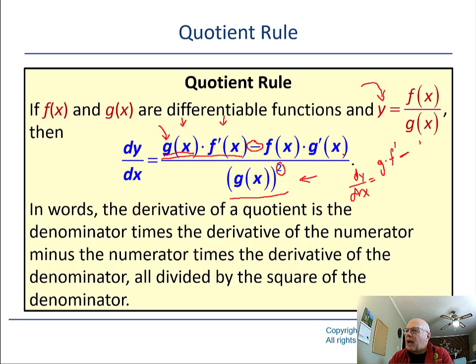So we'll have f for the second part, and g' for the second part. And last of all, the third thing you need to remember is that the denominator gets squared. So again, start with g, make sure there's a minus sign, and make sure you square the denominator. Those three things are critical.